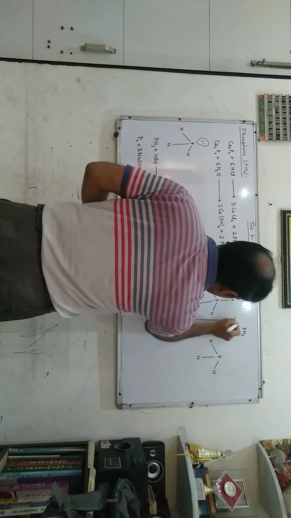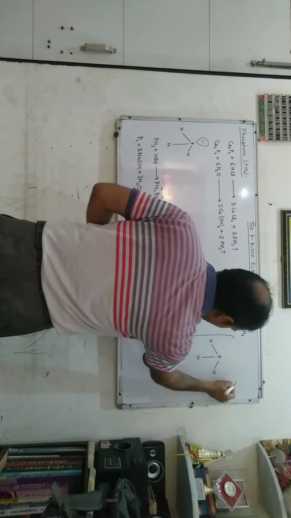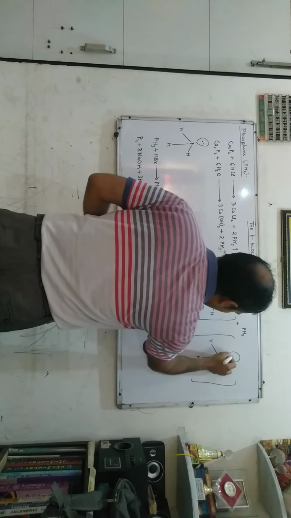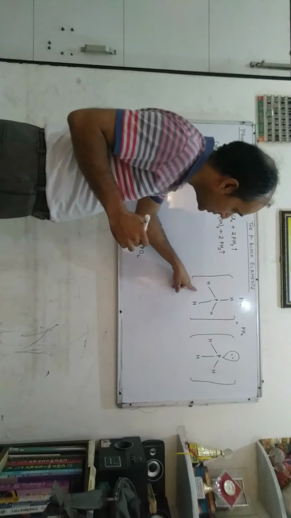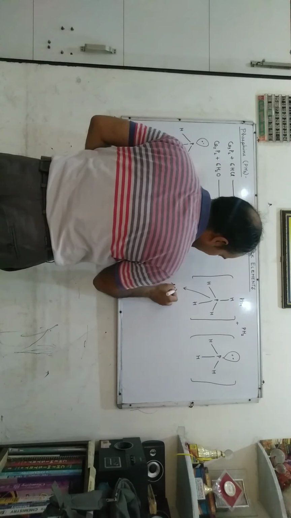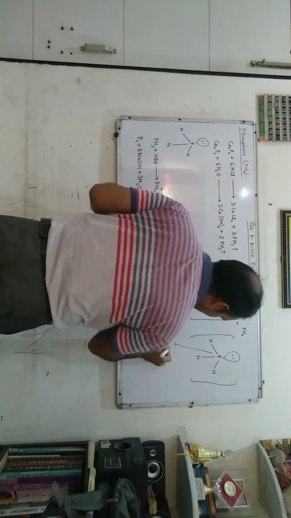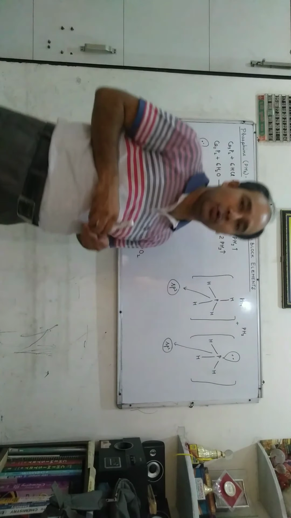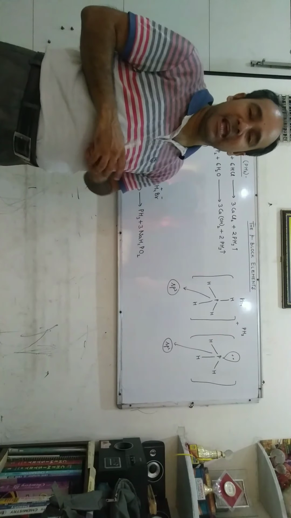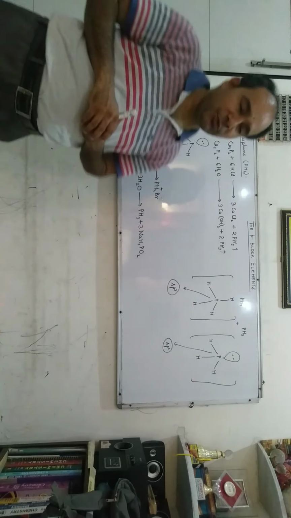It is PH4+ and this is PH3. In PH4+, the phosphorus atom is sp3 hybridized, while in PH3 the phosphorus atom is sp2 hybridized. Therefore, the bond angle in PH4+ is more as compared to PH3.